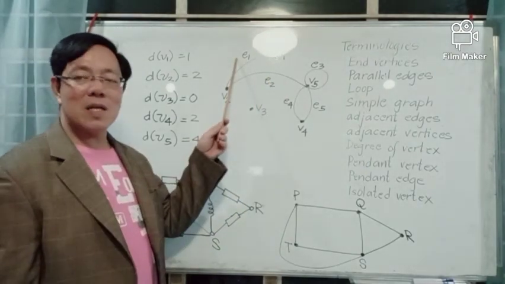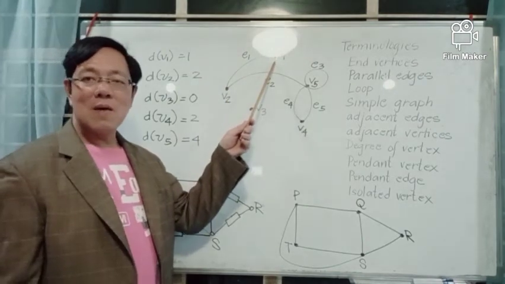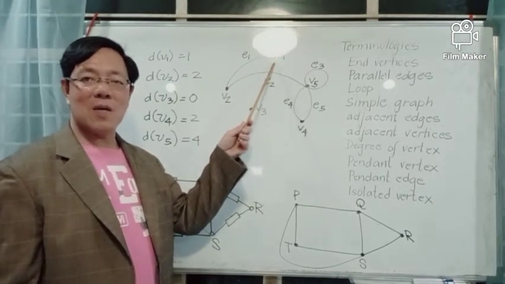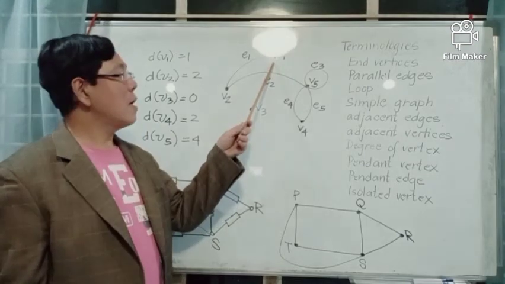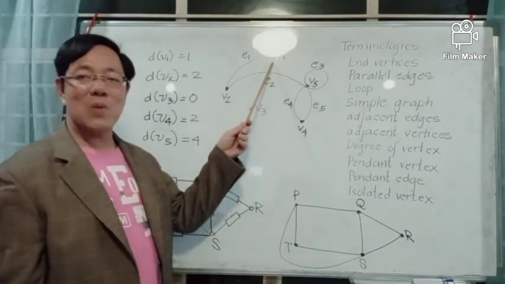Therefore, edge E1 is a pendant edge because it has vertex B1, which is a pendant vertex. And B1 is a pendant vertex because the degree of vertex B1 is 1.